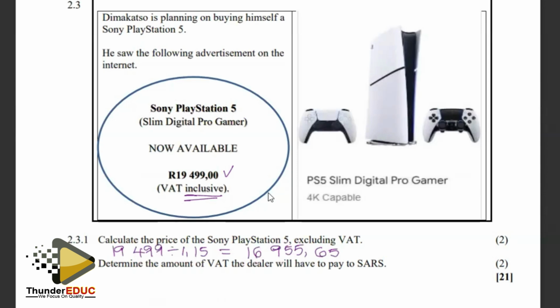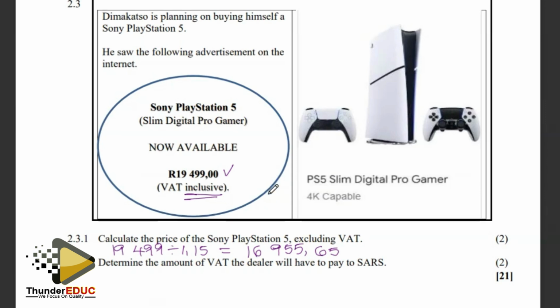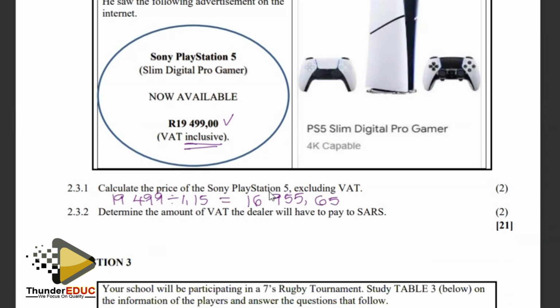Determine the amount of VAT that the dealer will have to pay sales. Now, what you're going to do, you get the amount before you've removed the VAT minus the amount after you have removed the VAT value. So you end up having 2,443 rands, 35 what? Cents. 35 cents.